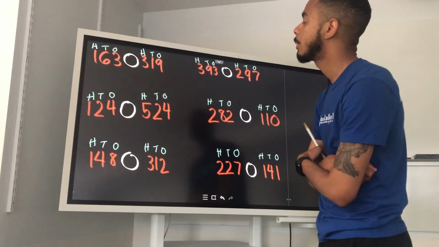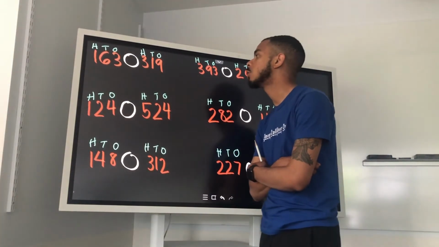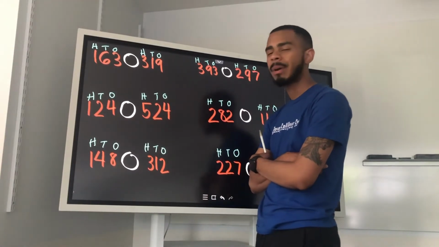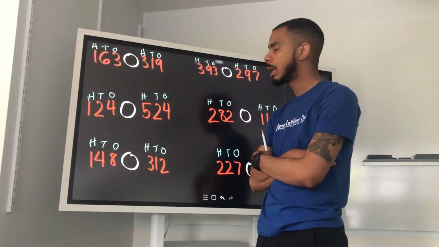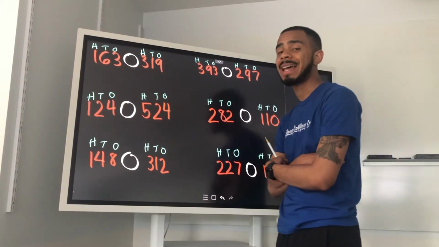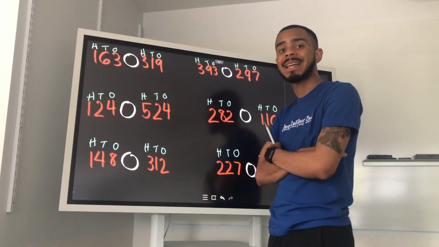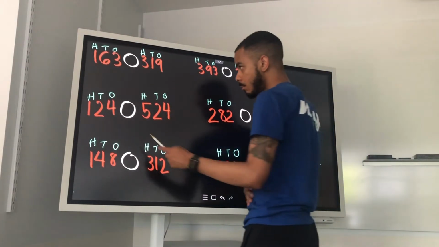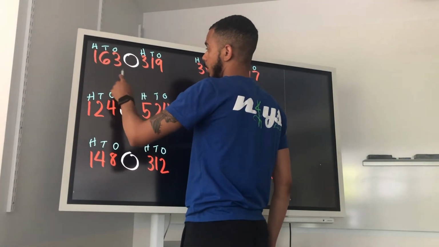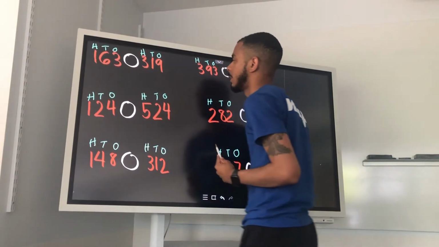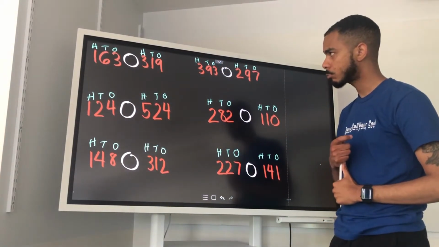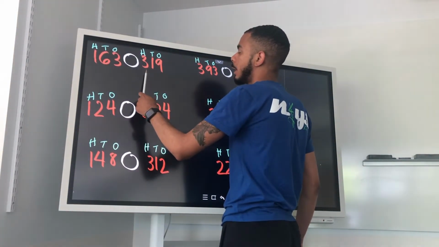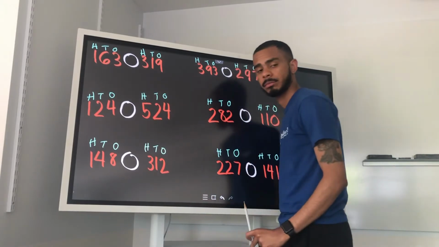So the first thing I'm going to do is look at the hundreds place. Why am I going to look at the hundreds place? Because that's the highest place value in each of these numbers. So this is the hundreds place in 163, and this is the hundreds place in 319. When I look, I see that there's a 3 here, and there's a 1 here.